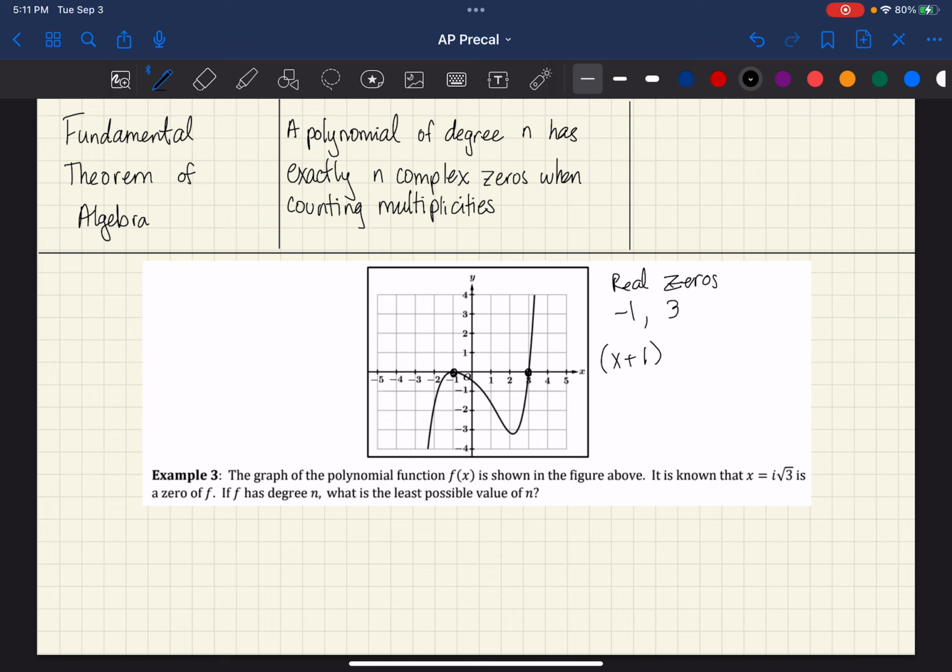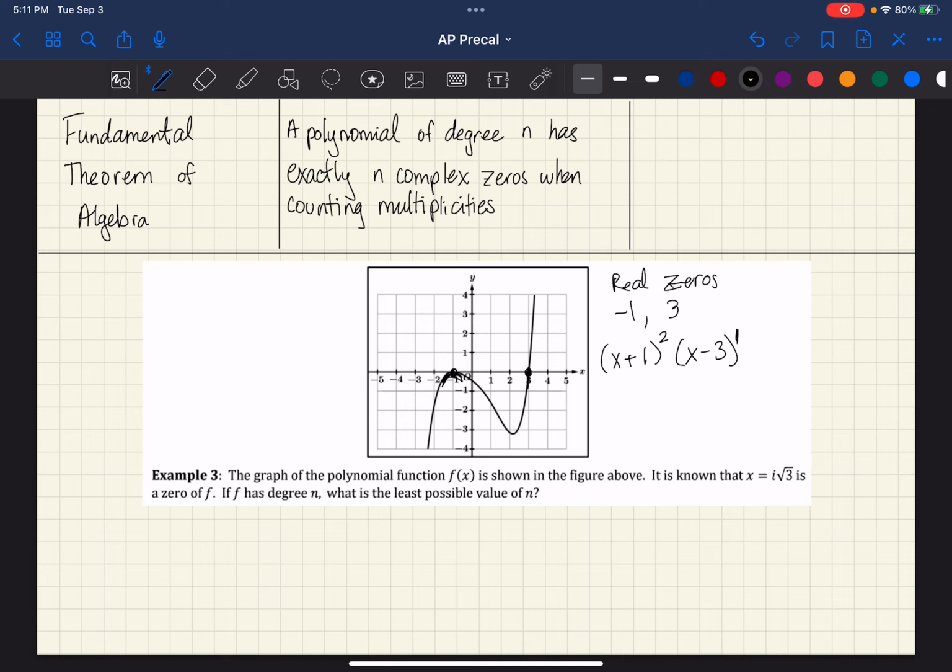Now, according to my graph, at negative 1, my function bounces. So it's going to have a multiplicity of at least 2, right? Remember, we're looking for the least possible value of n. Could it be a multiplicity of 4? Sure, but at least it has to be 2 so that it bounces off the graph. Then, at 3, so x minus 3, I cross, meaning that the least multiplicity I can have for that one is a 1, right?